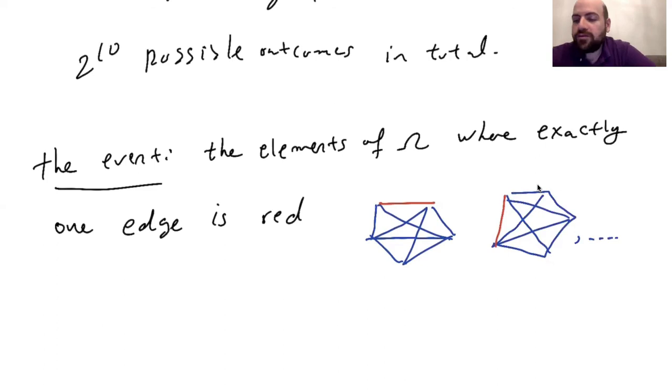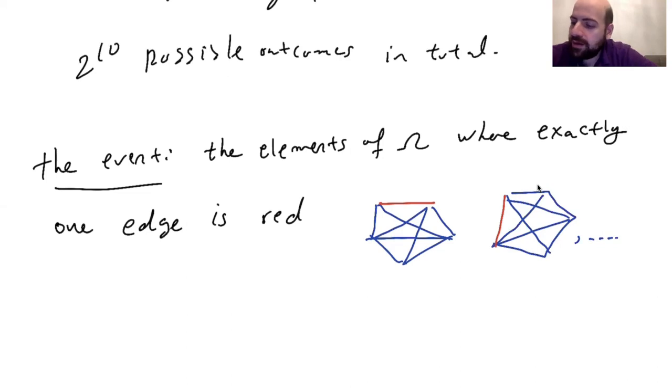So these are two of the outcomes in omega that are acceptable for us, because each of these two outcomes has exactly one red edge.